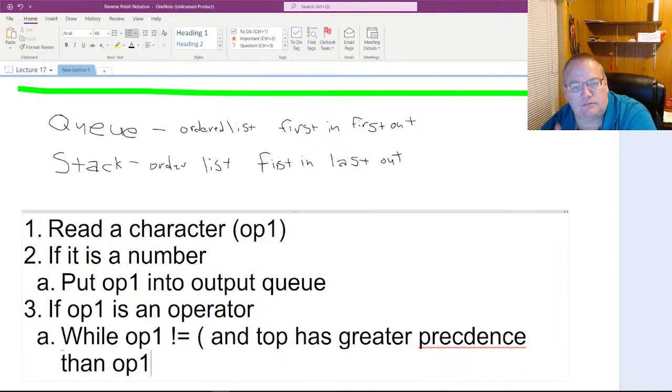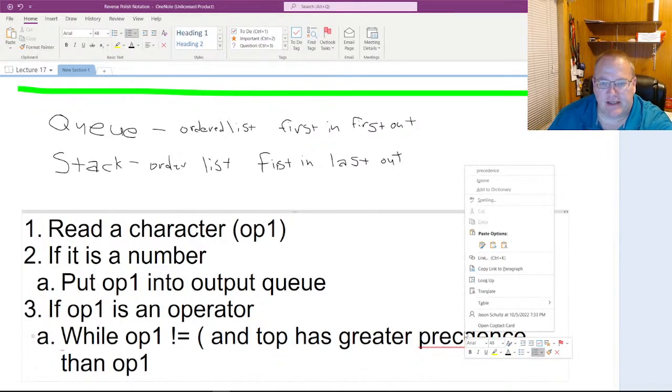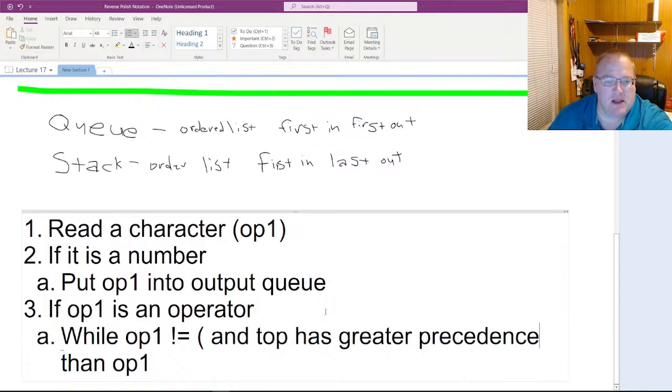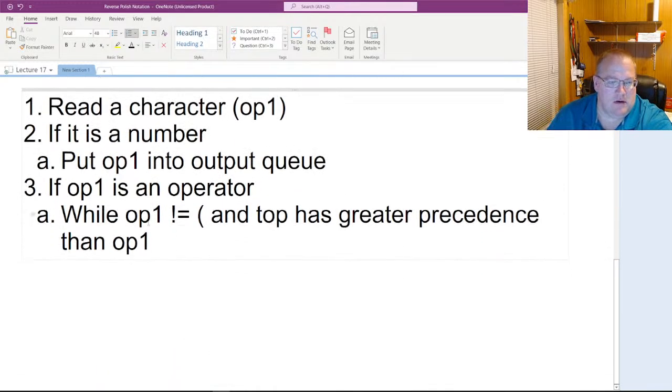Okay. If I could spell that, that'd be helpful. Be dangerous. Precedence. Okay.